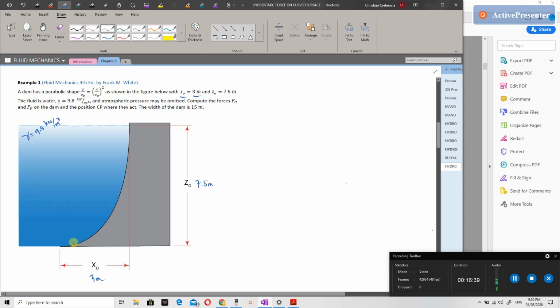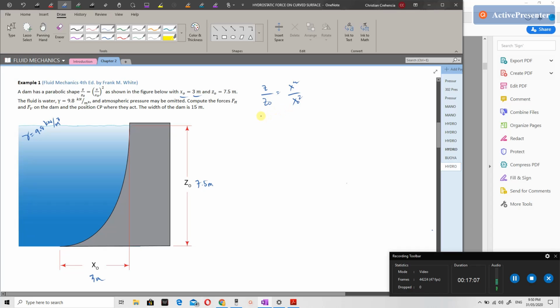So we have a parabolic gate here, no? So we need to first determine the equation of our gate. So it says in the given problem that z over z sub o is equal to x squared over x sub o squared.